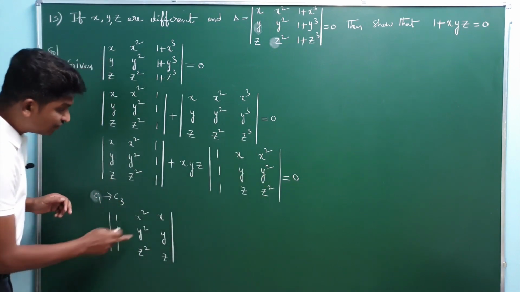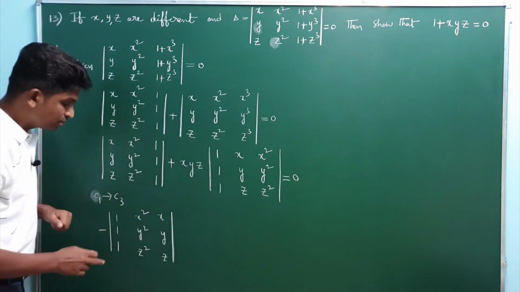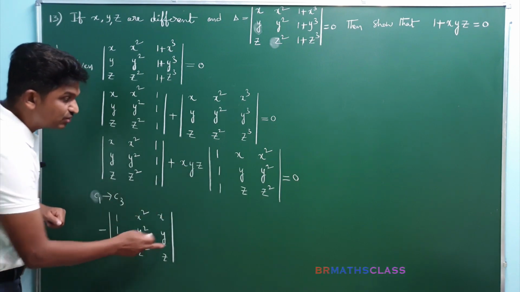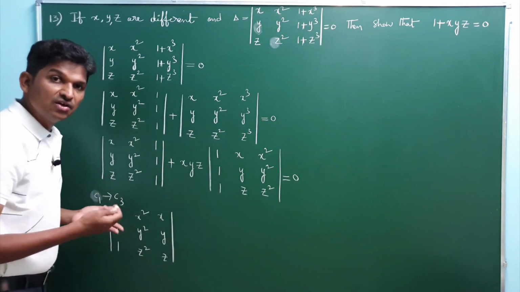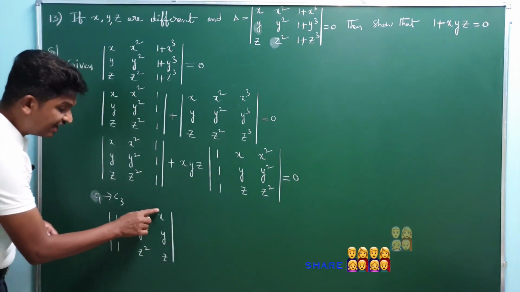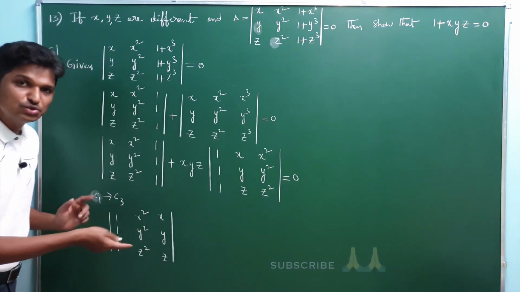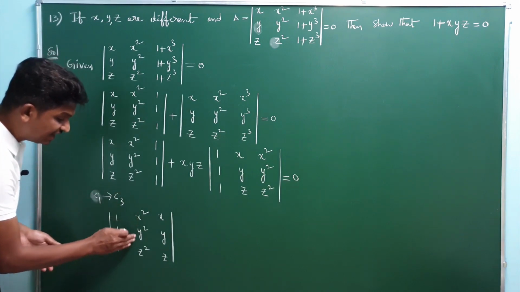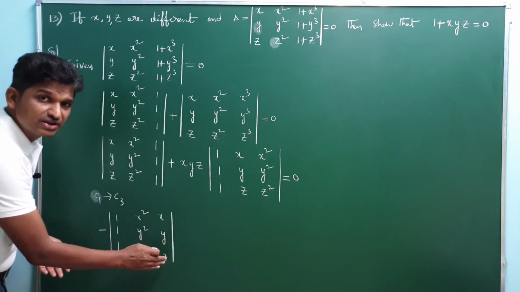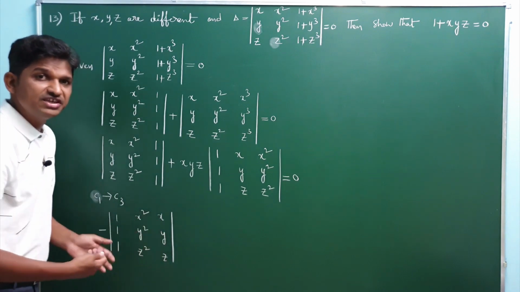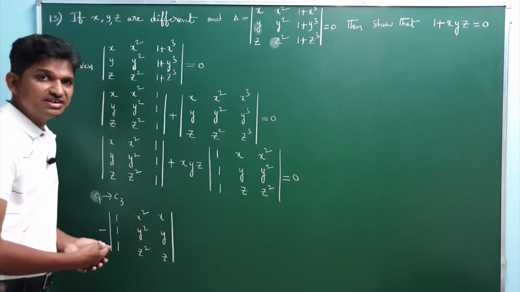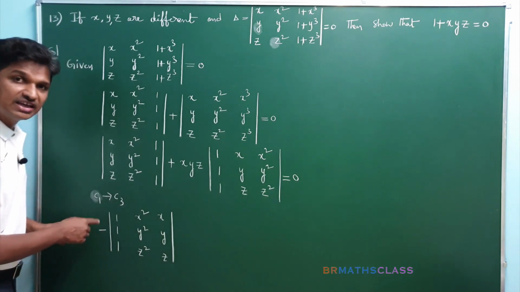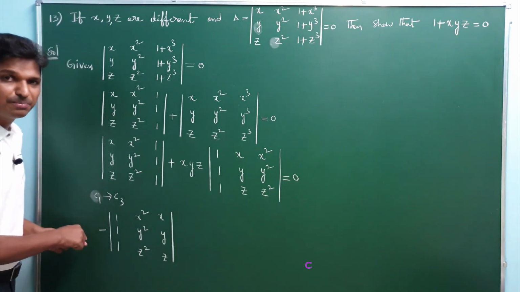For that 1 1 1, here also 1 1 1 is there, it's not a problem. You see here x square y square z square is there, but here x y z is there. For that purpose what I will do, again I will interchange these two columns, C2 and C3. When I interchange C2 and C3, here I will get x y z, here I will get x square y square z square. As I am interchanging two columns here, the determinant changes its sign. What you will get here? Here already minus is there, now it will become plus.